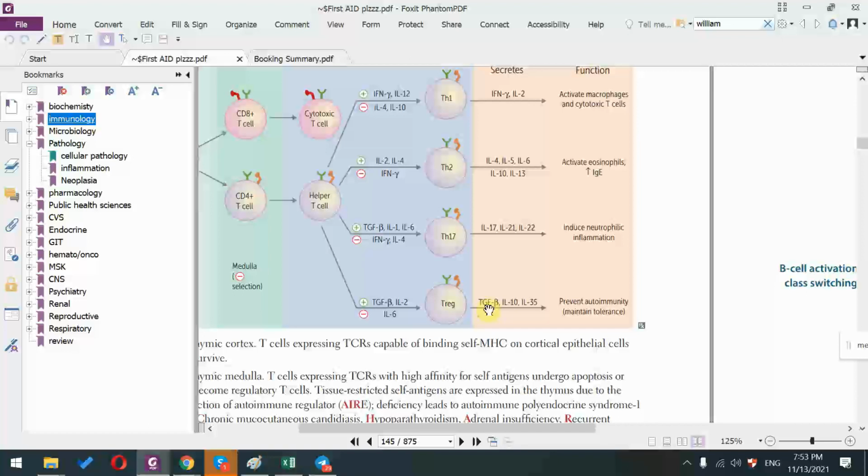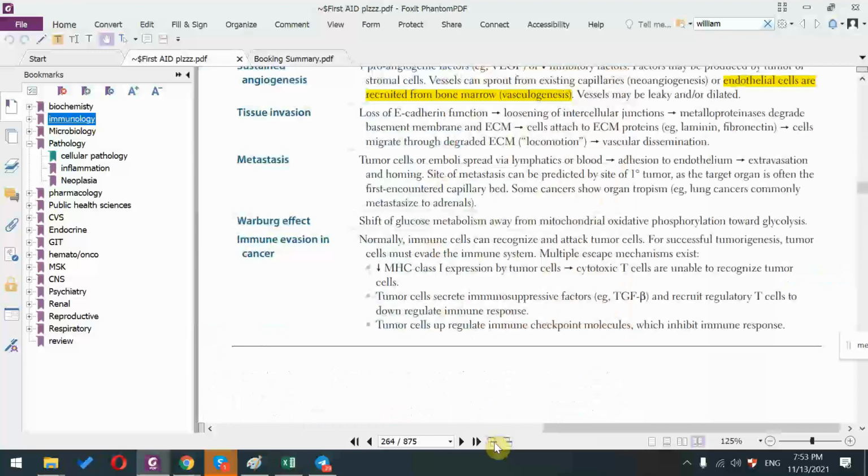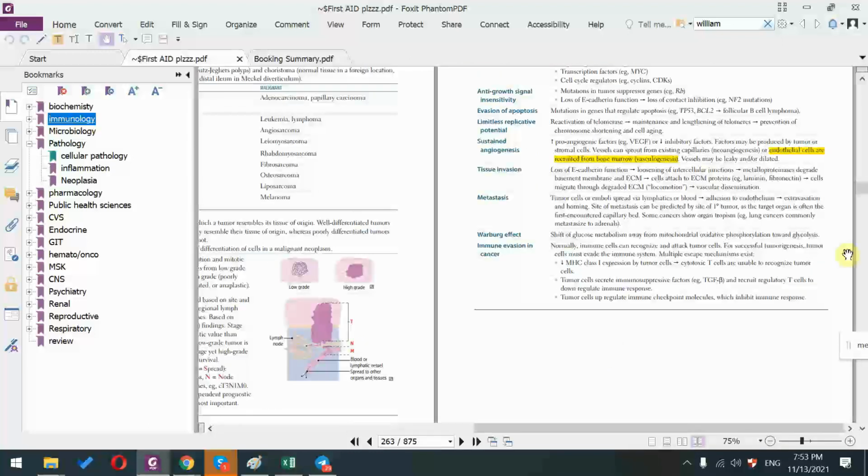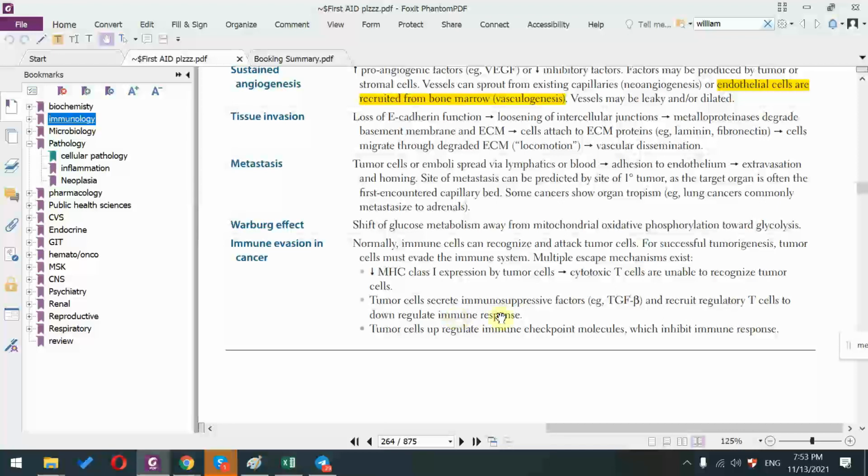Treg makes another round of TGF beta, interleukin 10 and interleukin 35, which lead to down expression of your immune system. They make your immune system calm down. So that when your immune system calms down, it will not be fighting the tumors. If your body is not fighting the tumors, the cancer will thrive.